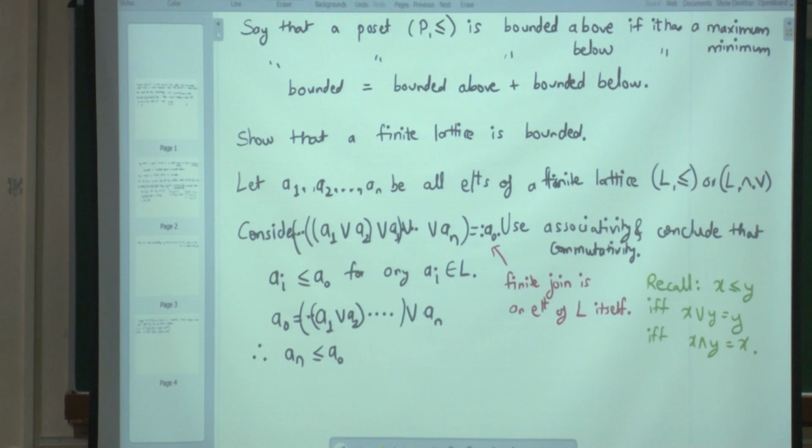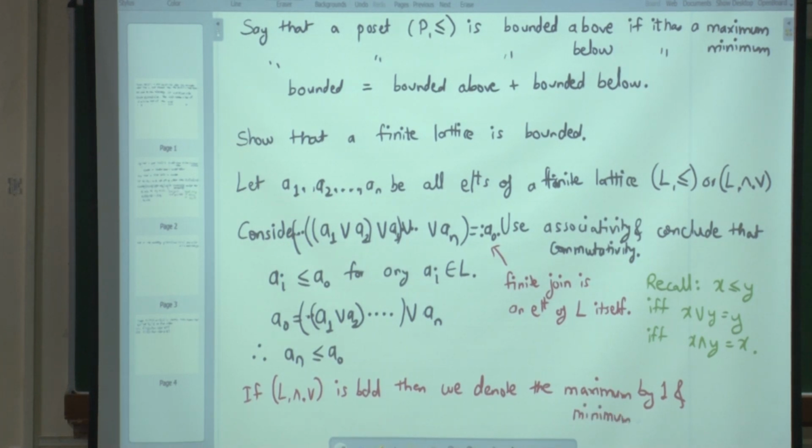So let me write something here, that if a lattice is bounded, then we denote the maximum by 1 and minimum by 0.